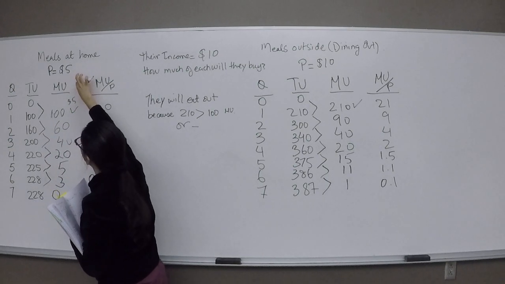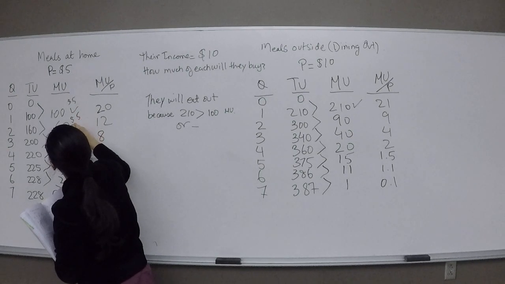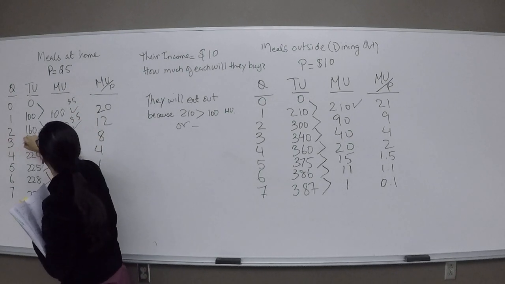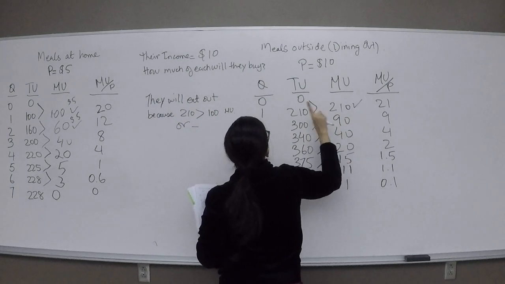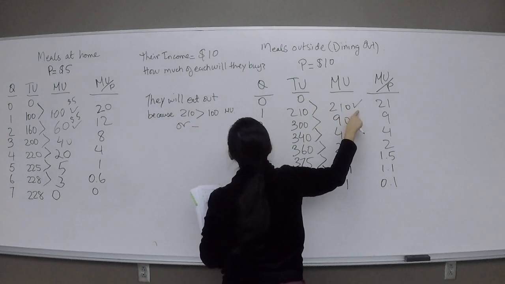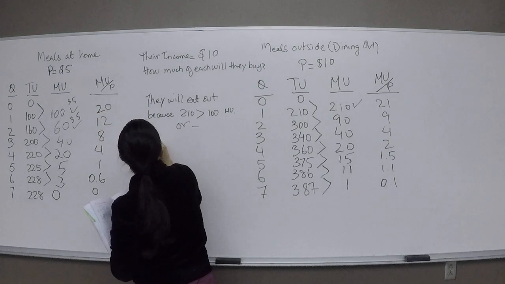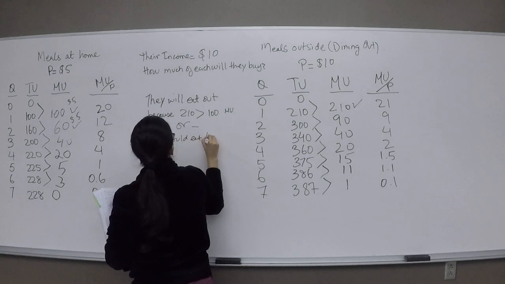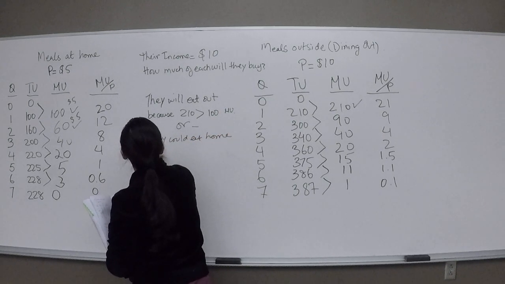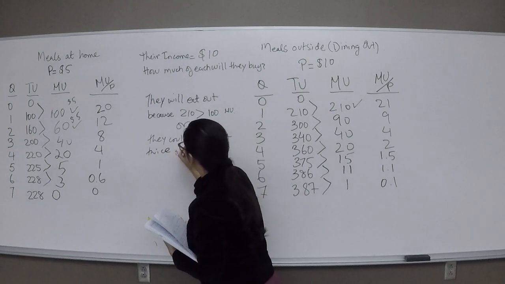Now they have $5 left, so they can have another meal at home, and that would cost them $10, and they'll stop at quantity 2. So they could eat out one time for this marginal utility, or they could eat at home twice for $10.